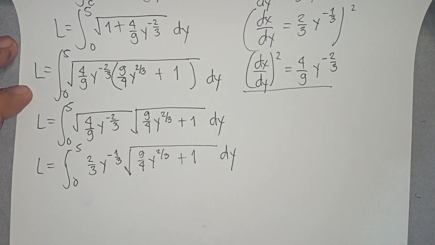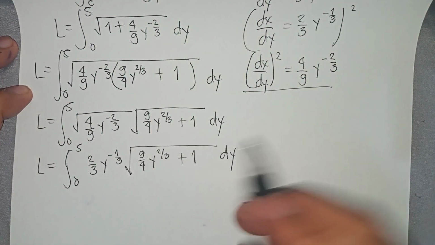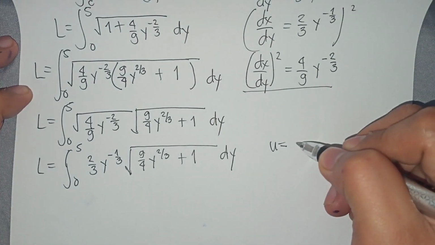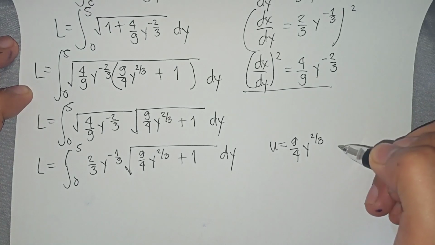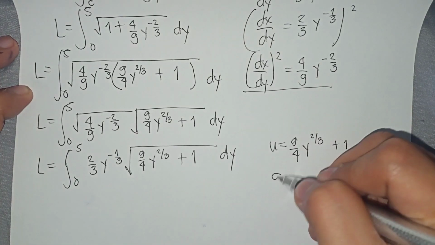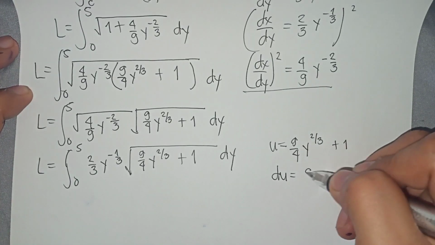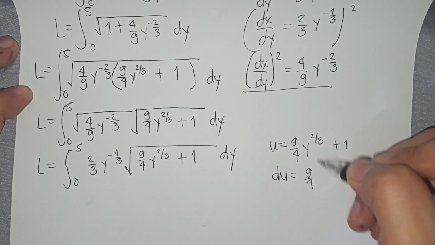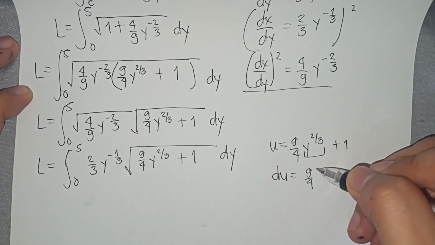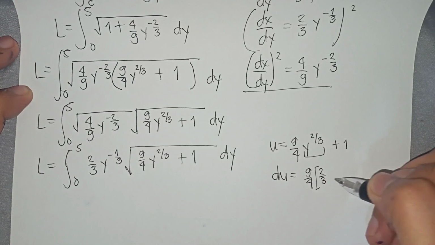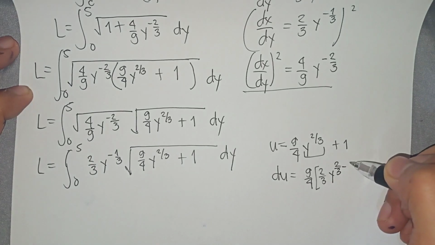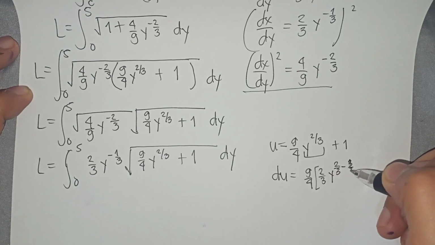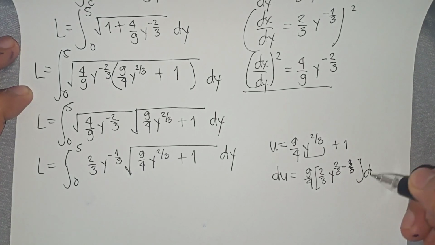Okay, so kung ililet u natin itong nasa loob ng radical, so let u is equal to 9 over 4 y raised to 2/3 plus 1. Ang derivative niyan, yan ay 9 over 4 times, ito yung derivative na to, which is 2/3 times y raised to 2/3 minus 3 over 3, okay? dy.